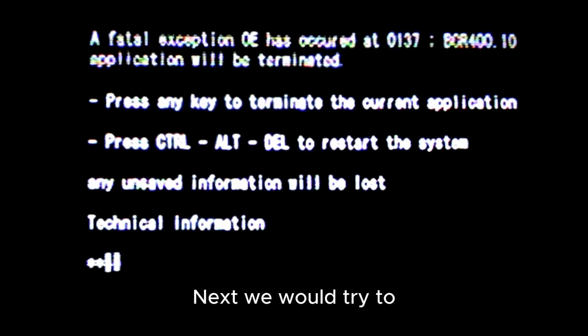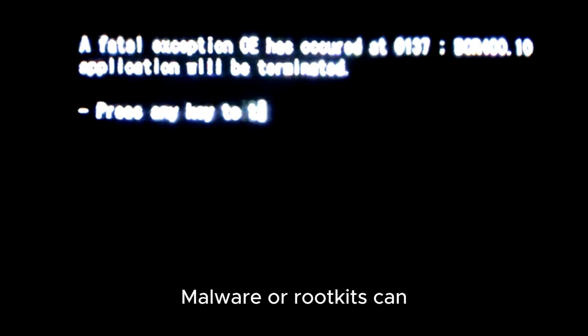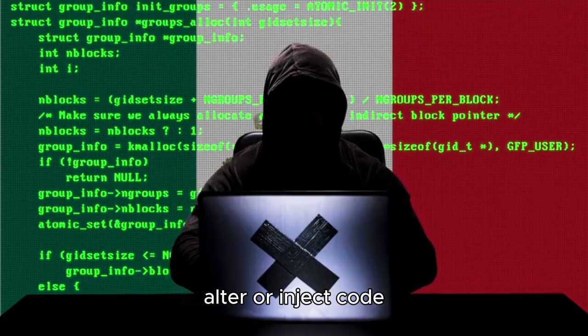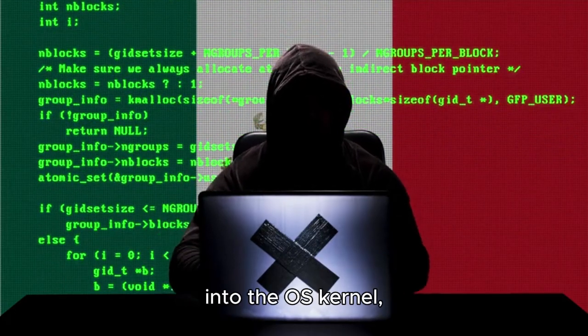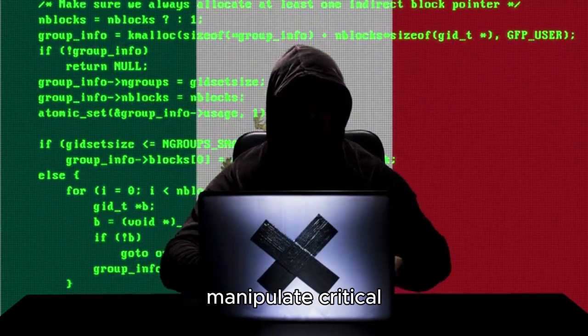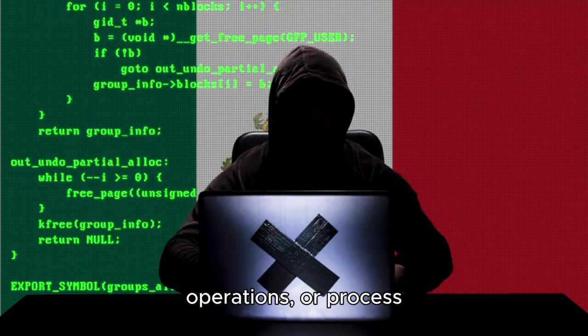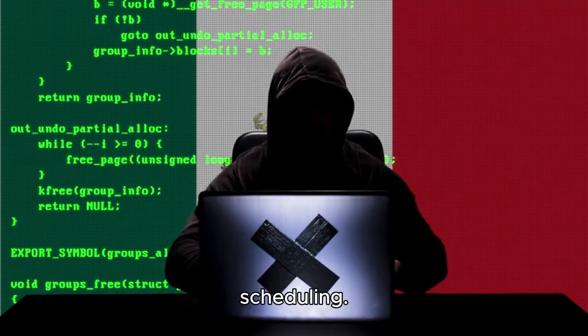Next, we will try to understand mechanisms of exploitation. Malware or rootkits can exploit operating system components in several ways. Kernel exploitation: they can alter or inject code into the OS kernel, allowing them to manipulate critical system functions like memory management, I/O operations, or process scheduling.